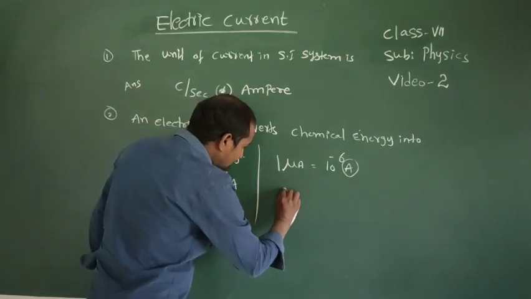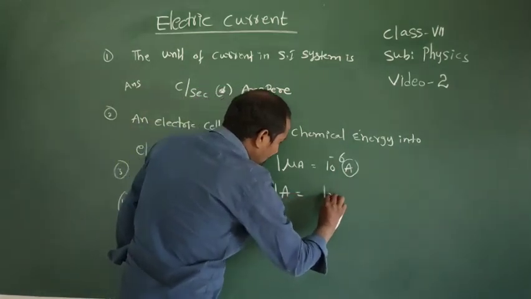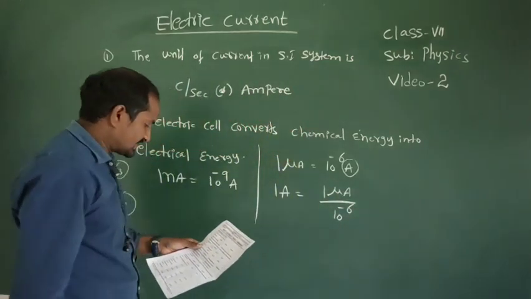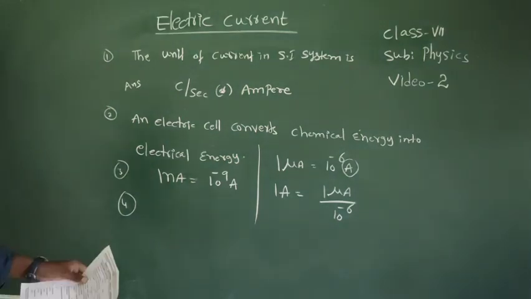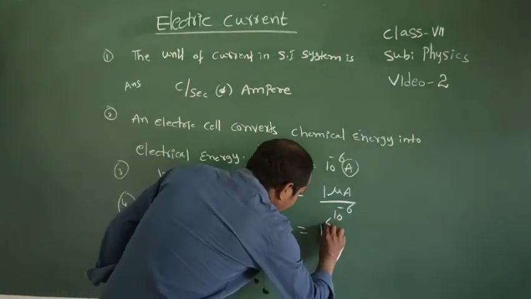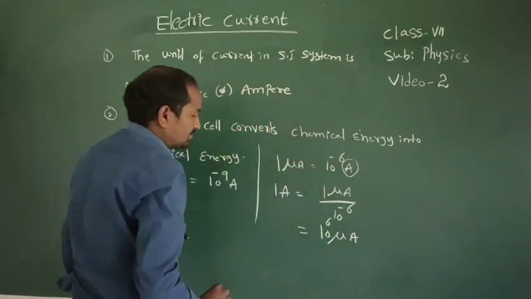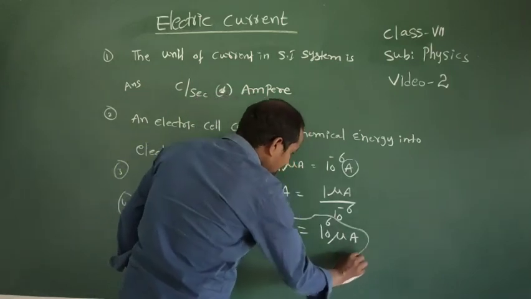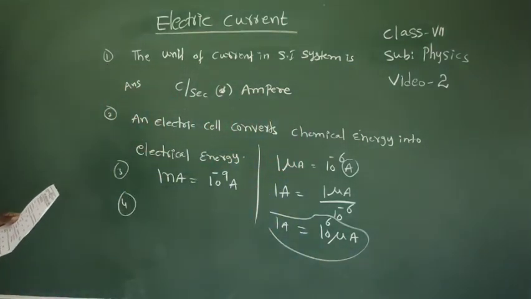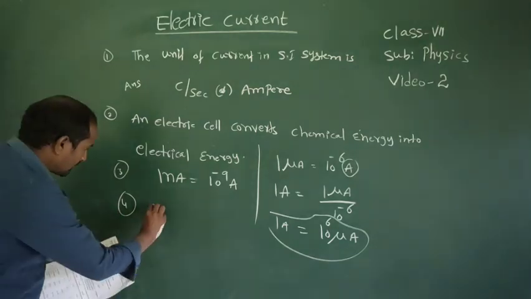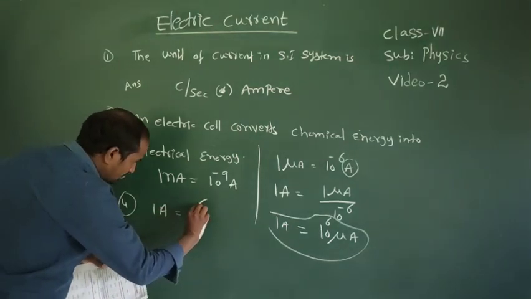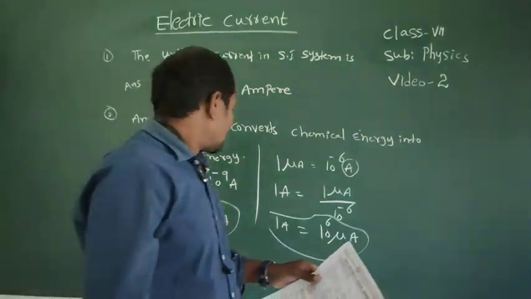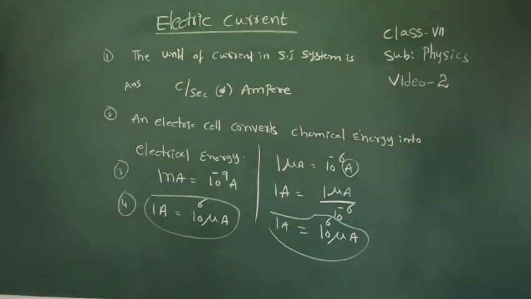From this we can write 1 ampere equal to 1 microampere by 10 power minus 6, that equal to 10 power 6 microampere. So 1 ampere equal to how much? 10 power plus 6 microamperes. 1 A equal to 10 power 6 mu A.